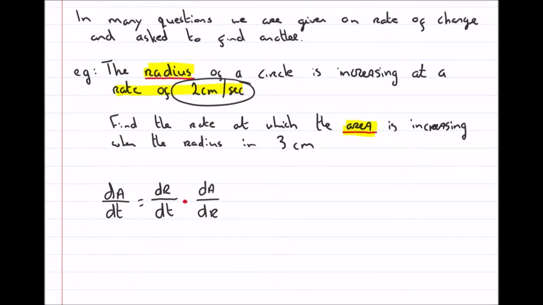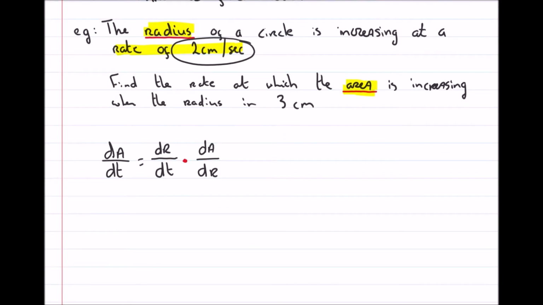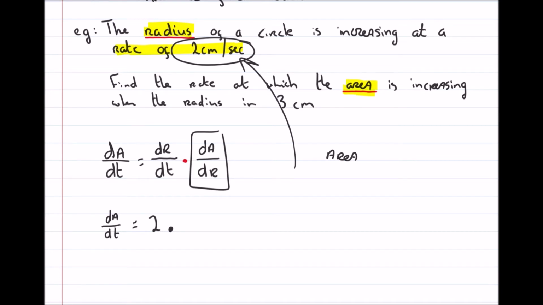Let's put in what I know first of all. So again, I need dA/dt. I have dr/dt, it's up here, 2. And then I need to multiply that by dA/dr, which is area with respect to radius. Now let's think, is there a formula I already know that will give me the area with respect to the radius?